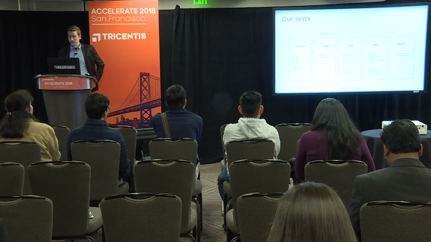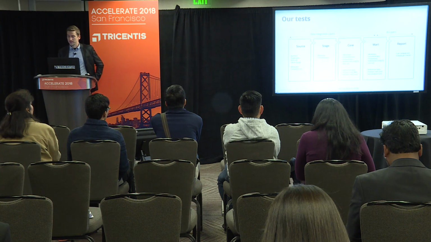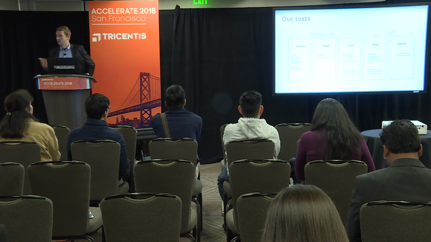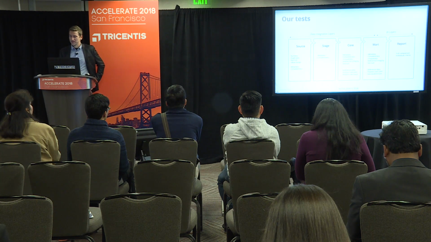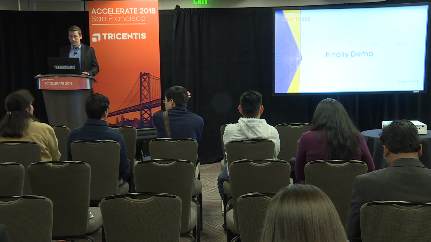And we can also test some of the transformation, some field tests against reference data, whether my claims amounts are as expected. The same test types then for the mart, and the report I will not cover today. So let's jump into the demo.